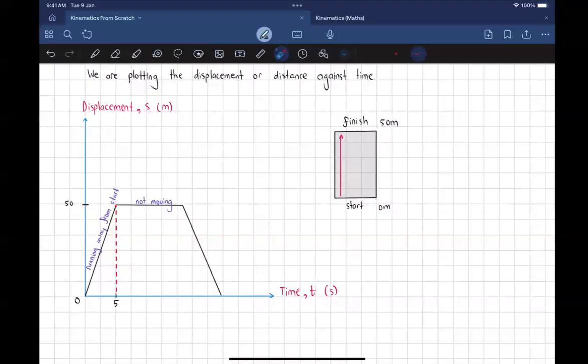Let me search it up. It just didn't seem right. Can a human run 50 meters in 5 seconds? Yes, that's possible. It is extremely fast, but it could be accomplished by a human.